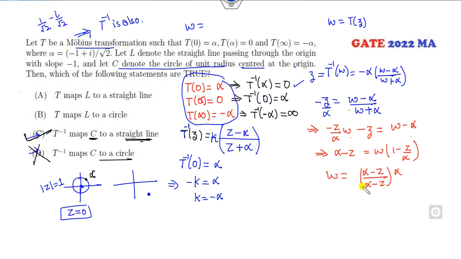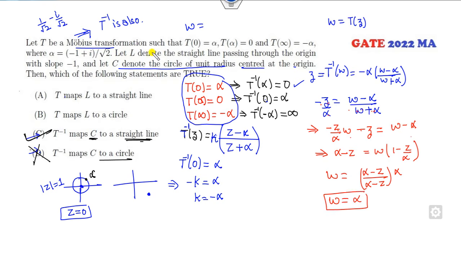Is it correct? Well, it cancels out. Kindly check the calculation, where is the mistake. If I take z minus z over alpha and multiply this, it is a plus, minus minus, alpha will be cancelled, it is the correct option. So w is my alpha.